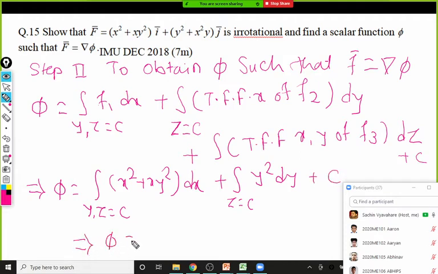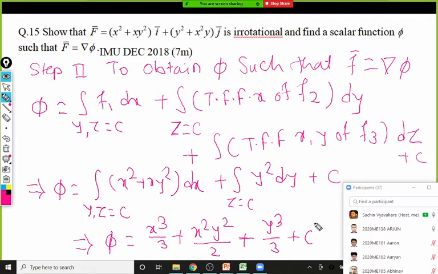Yes, can you tell me what is the integration of this first bracket? x cube by 3 plus x square y square by 2 plus y cube by 3 plus c. And that is the end of the question.